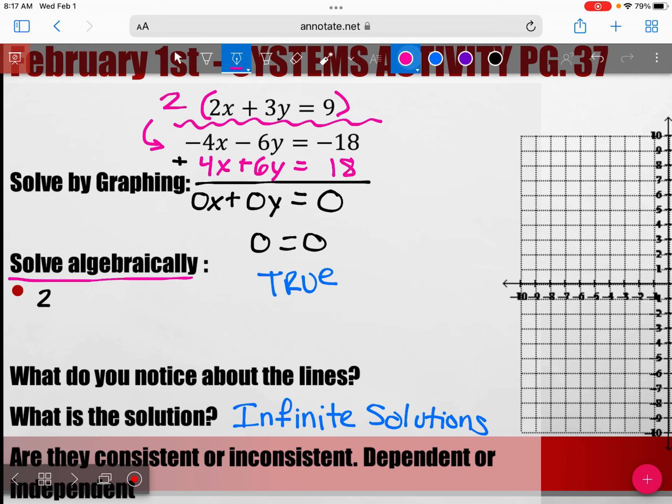What's 2 times 0? 0. So then we have 3y equals 9. What does y equal? 3. So when x is 0, y is 3.